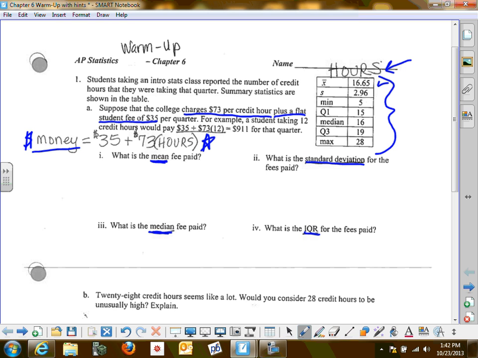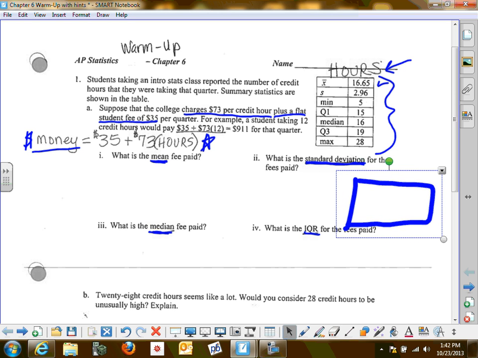Very good. Measures of center are affected by multiplication and addition, so you plug in your values and follow through with both of those operations. However, standard deviation is a measure of spread, and if you just shift something up 35, the spread does not change. But if I multiply by 73, the spread is changing.